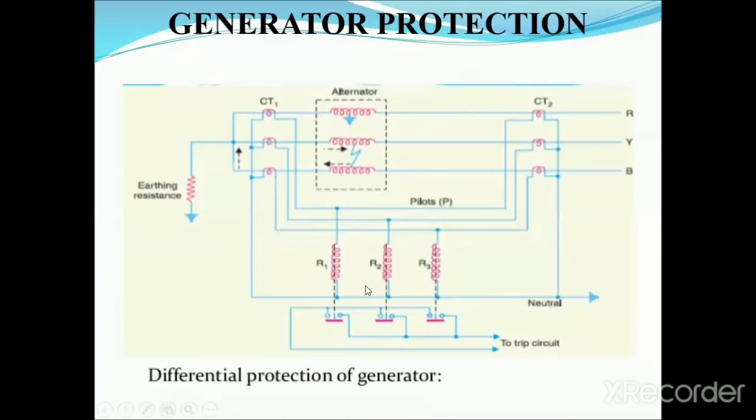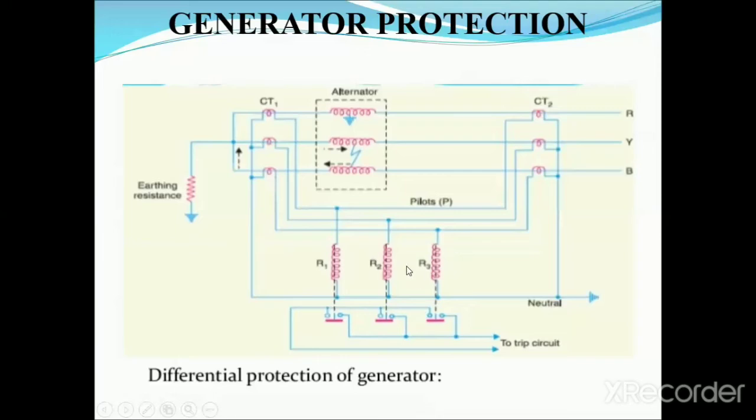When the relay coil operates, it is energized. The plunger connected to this relay coil is pulled in the upward direction. This relay coil is also energized and pulls its plunger upward.